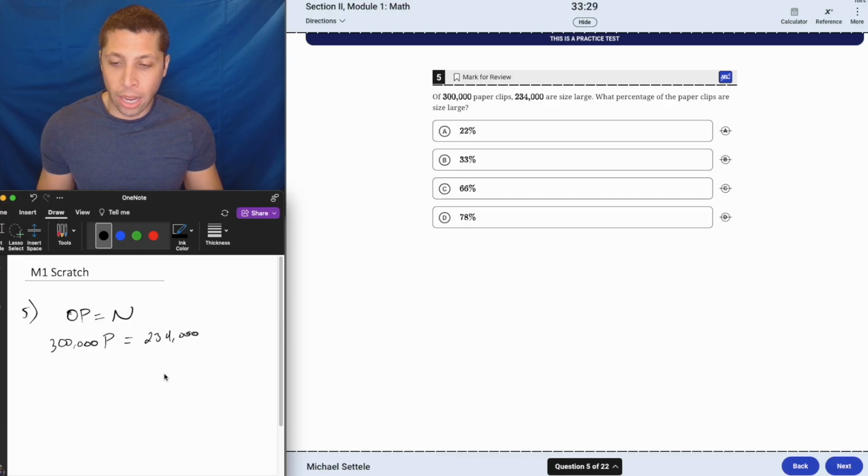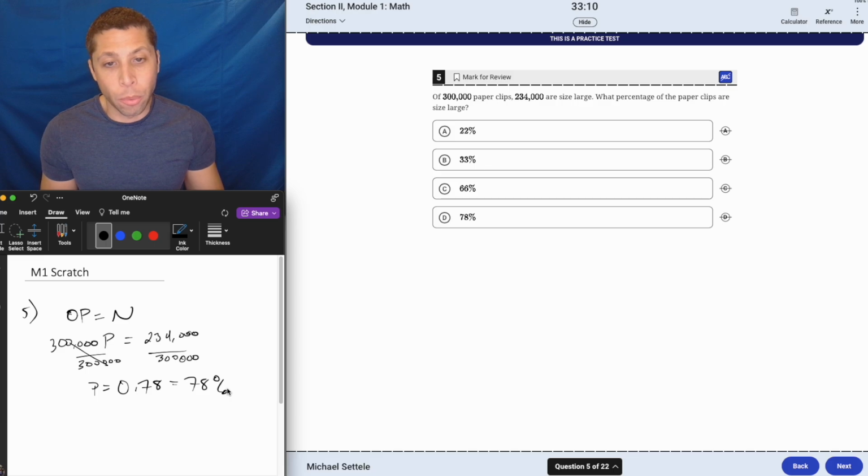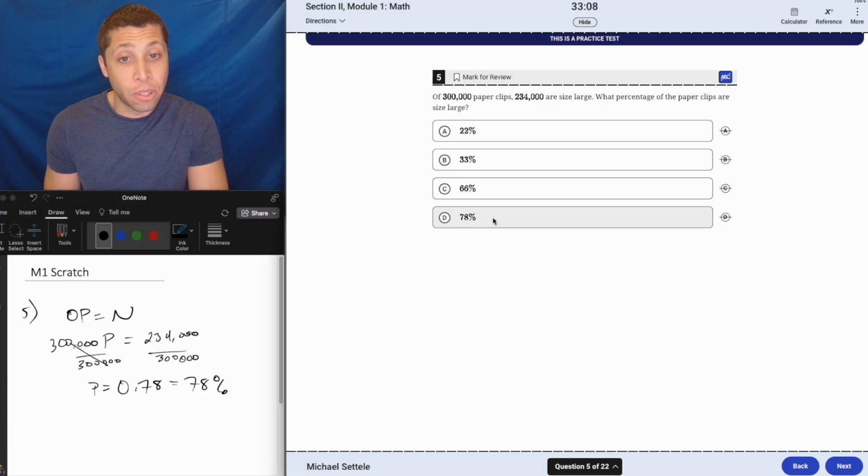Okay, so I could get rid of the 100,000s here, but regardless, we're going to divide by 300,000. P is, so 234 divided by 300 is 0.78. So remember, that's 78% because we're always working with the formula with percents as decimals.